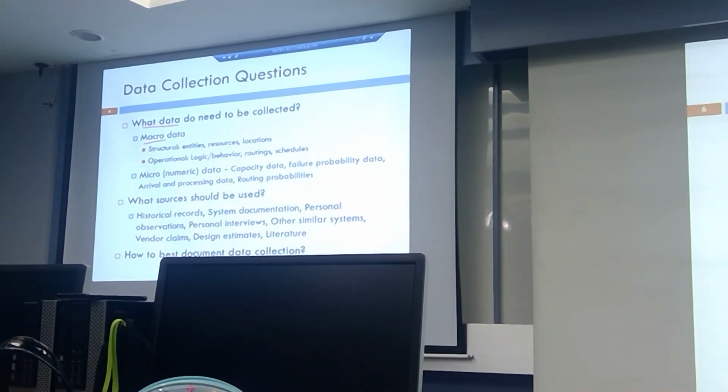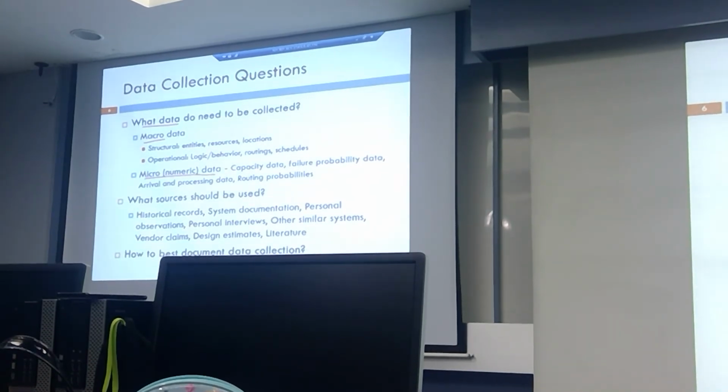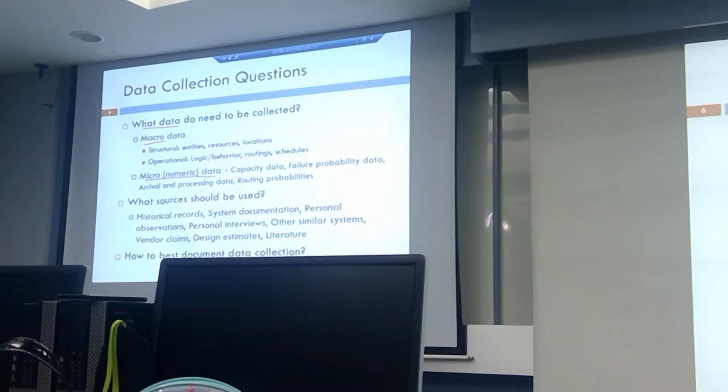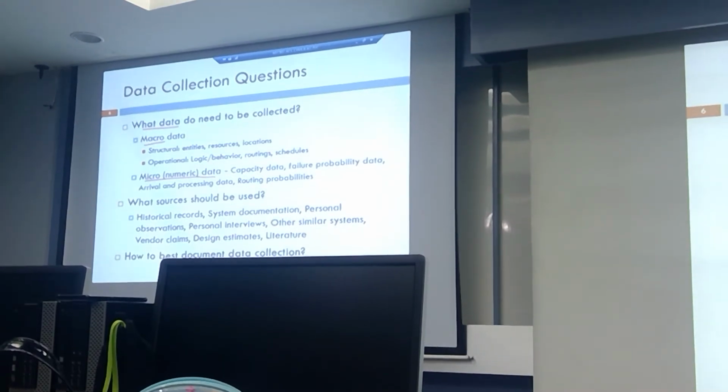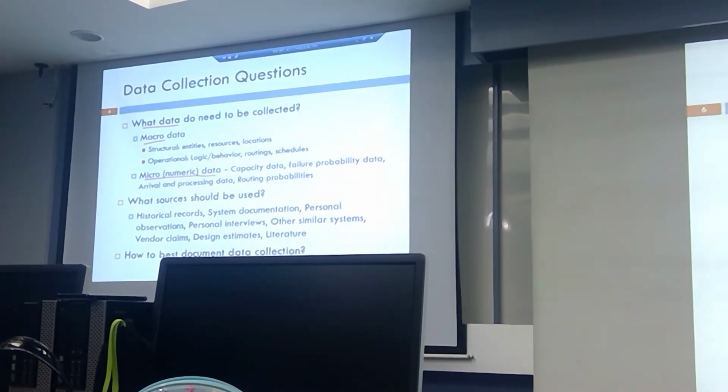That one is for having the structure of the model. And then you do the micro or numerical data. This one is to specify the parameters in the model. Capacity, in terms of the resource, how many you have, would be a constant number. The probability for arrival, the processing time, the routing probability, and so on.